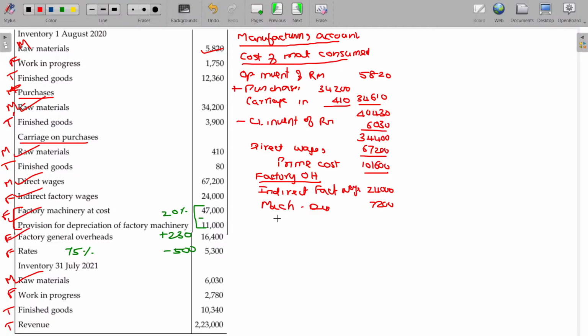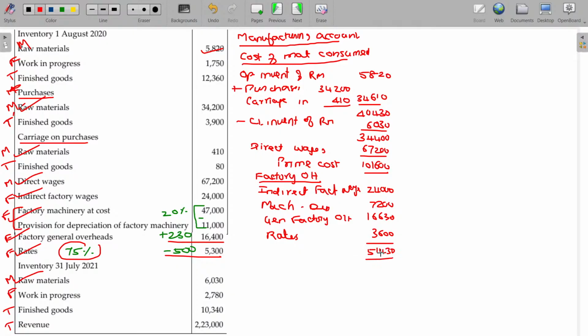And general factory overhead 16,400. With that, 230 should be addable, 16,630. Then rates, from 5,300, 500 subtracted, on that only 75% will be calculated, 3,600. That's all. So the 4 items in total 51,430.